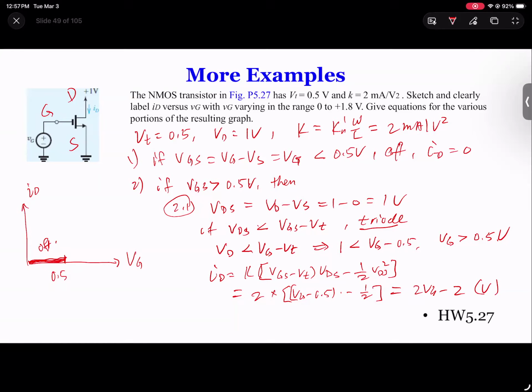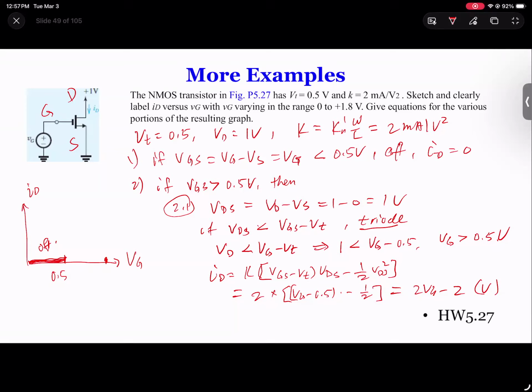So if VG is 1, then that's 0 again, right? So if VG is 0.5, something's not right. Which 0.5, it gives you 2VG minus 2. So if VG is 0.5, this is minus 1. How can we get minus 1?